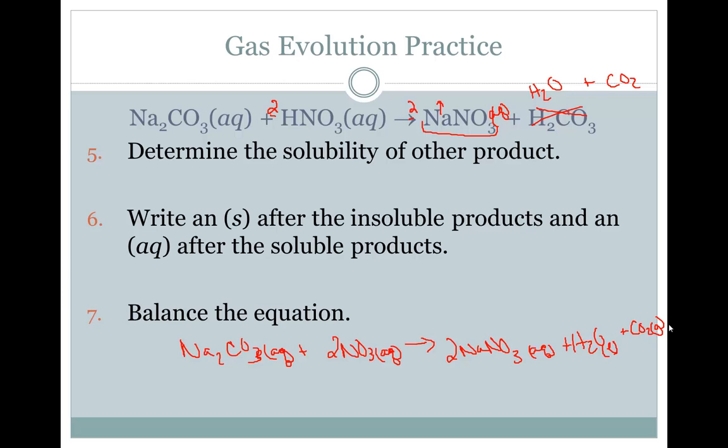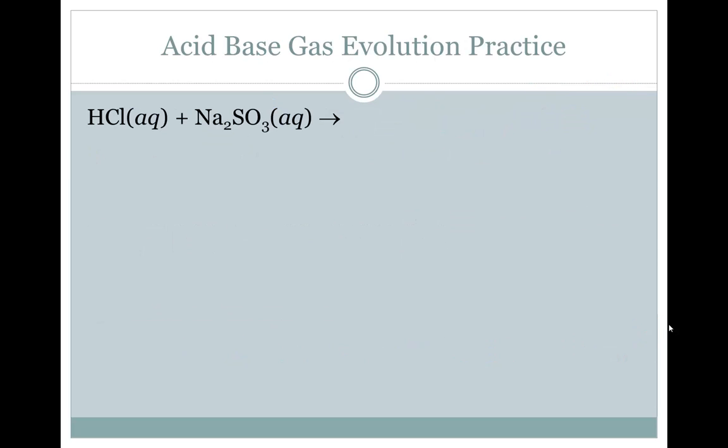Alright, so let's try this again. HCl and Na2SO3. First thing we want to do is the inside-outside. So we have NaCl and H2SO3. Na is a plus 1, Cl is a minus 1, so it's 1 and 1, so those cancel. H is a plus 1, SO3 is a minus 2, so it becomes H2SO3.